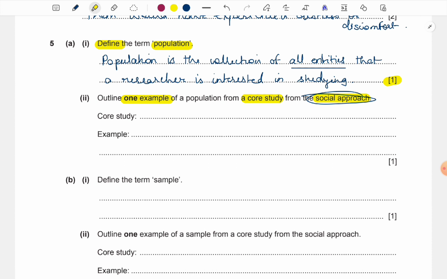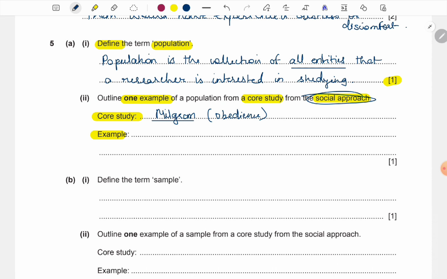Now here in some questions you realize they give very fixed templates, like prompts of what you are to write where. Always respect that and write according to that. So first they've given core study, you name the core study there. I'm naming Milgram, obedience. And next is where they say example, there you give the example of the population. So don't interchange the two.